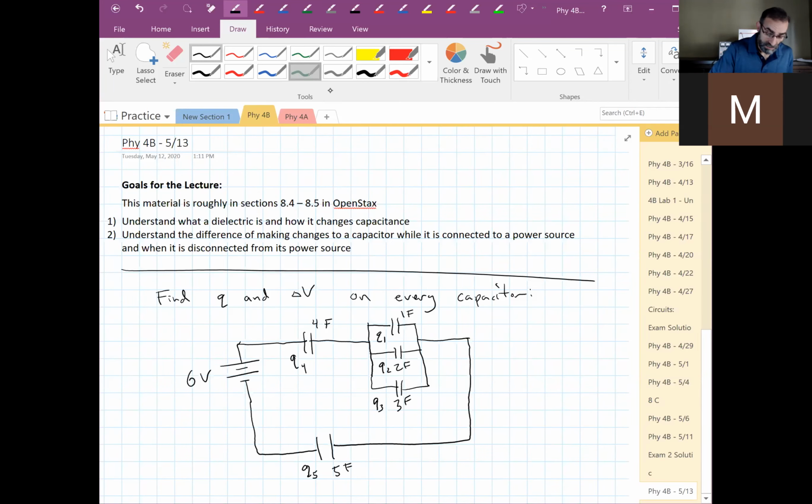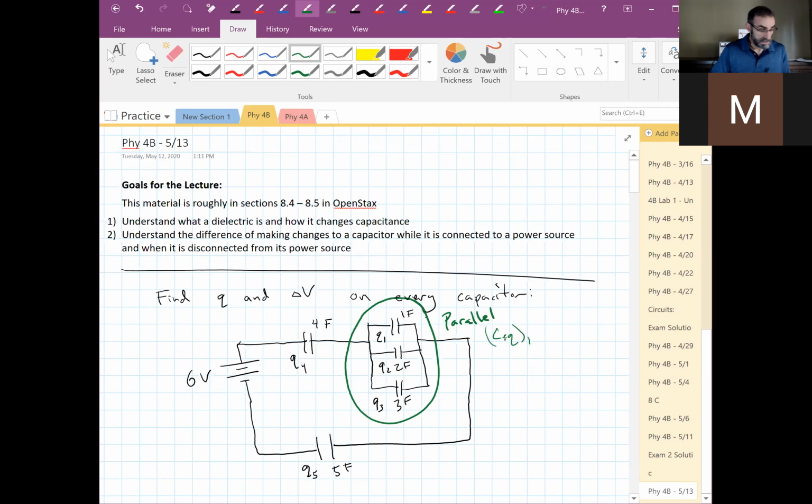Here you should see right off the bat that we have 3 here that are in parallel. I'll call that C equivalent 1.